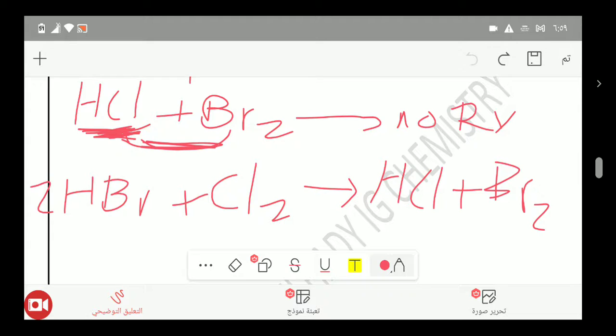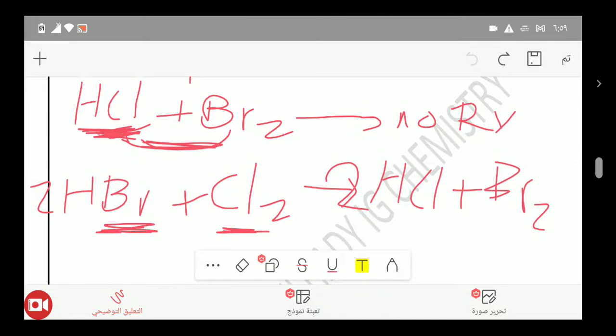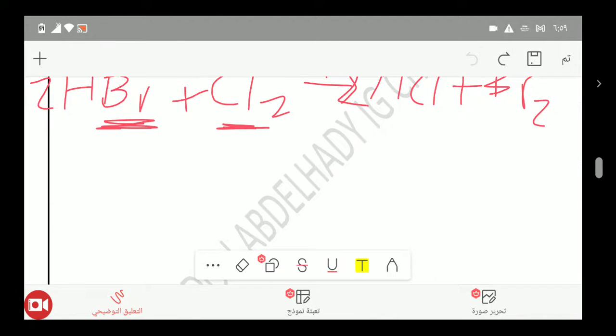We have here 2HBr, and here we have 2HCl. Bromine is less reactive than chlorine, so chlorine can displace bromide ion, and these are the most important reactions of group 7 elements. So let's remember that.